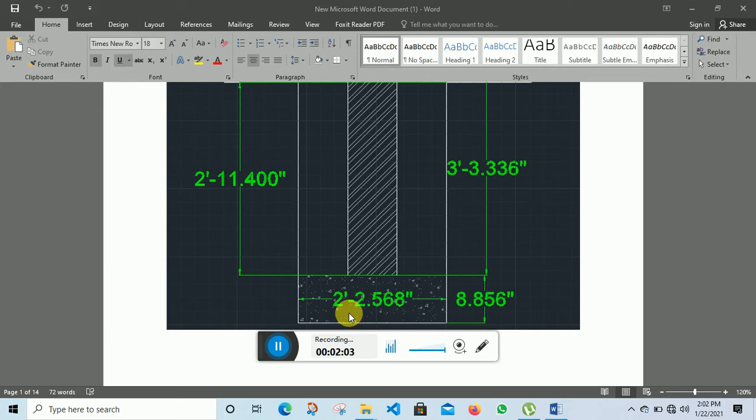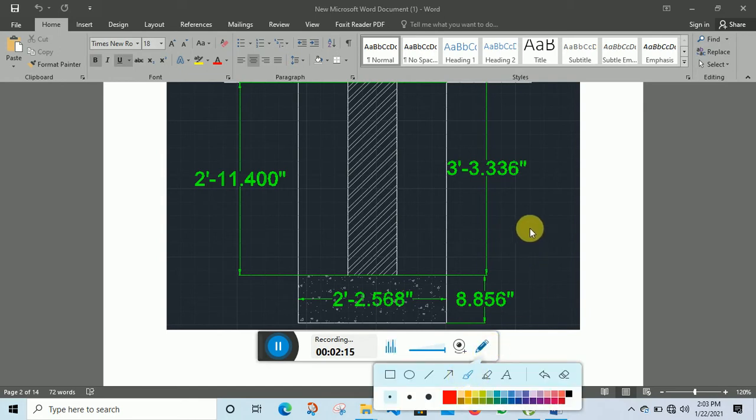It means 1 is the quantity of cement, 2 the quantity of sand, and 4 the quantity of coarse aggregate or crush. So this is the 1:2:4 ratio.